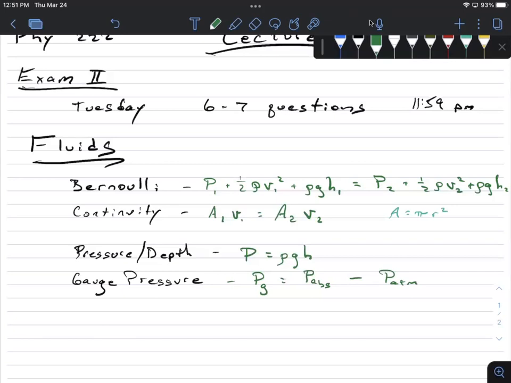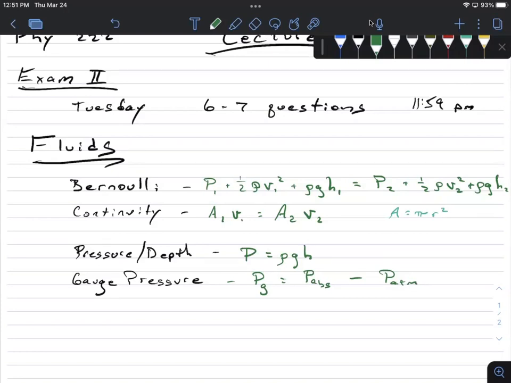unless the question specifically says something like, what's the absolute pressure or what's the total pressure? If I don't ask one of those two, then you just assume I want to know the gauge pressure, how it changes. For instance, the pressure-depth equation is gauge pressure, because nowhere in that equation do you know about the atmospheric pressure.